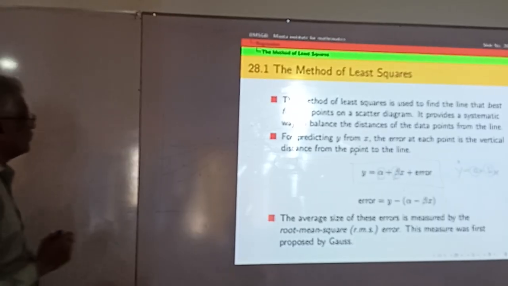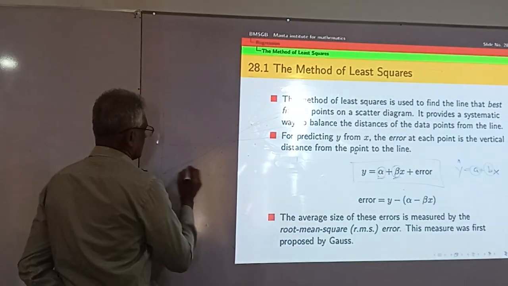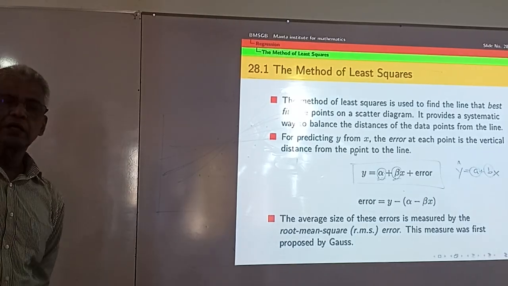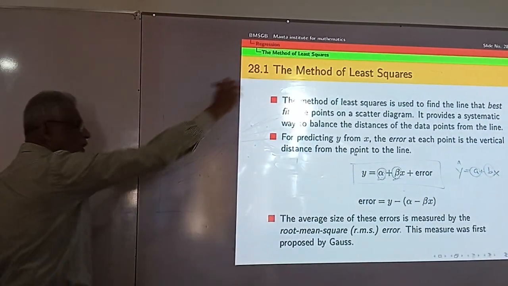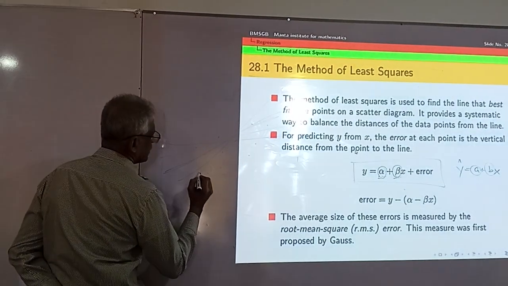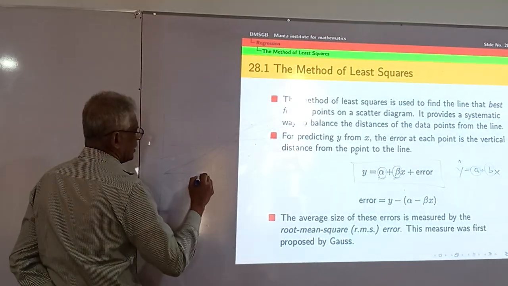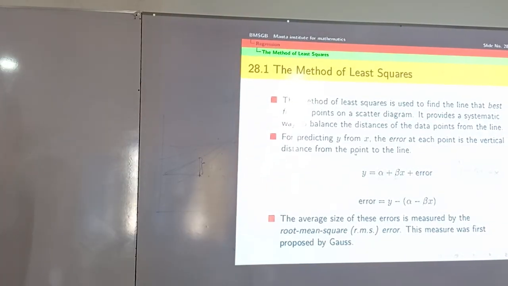Right? So if you consider any particular point, you can look at the distance between the predicted value according to that line and the actual y value. For example, if you consider this point, the actual y value is here, the predicted y will be here. So there is a difference between those. So that is the error in our prediction.